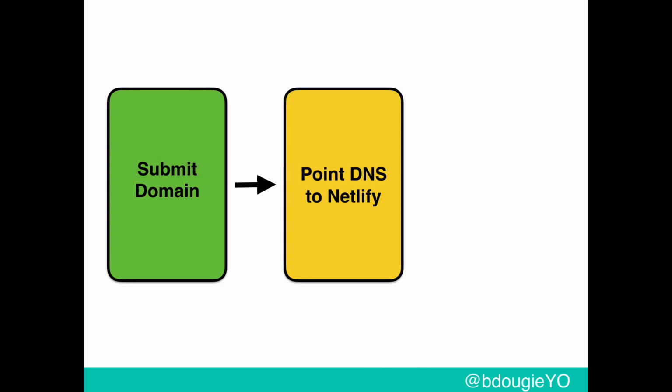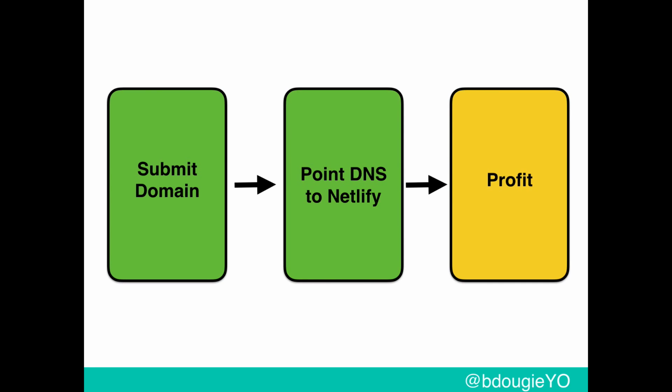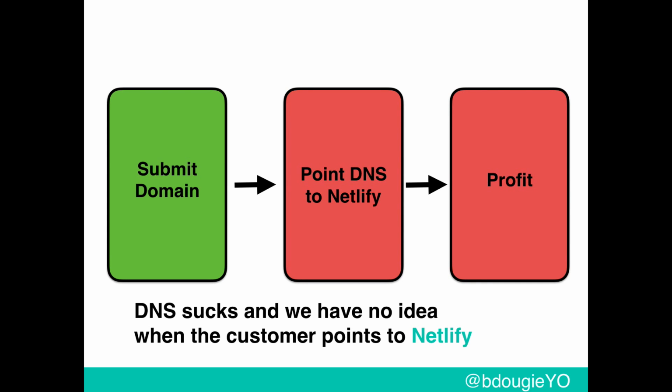The problem is when you submit your domain to Netlify, you must then point your DNS to Netlify, and then you can unlock all the features. The problem is DNS sucks, and it could take up to 24 hours for DNS changes to propagate. And we have no idea when that happens, so we have to create some sort of ping against their DNS until they've switched over to Netlify name servers.